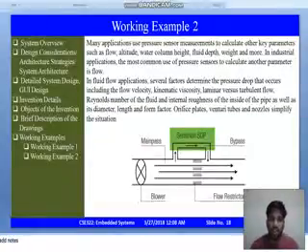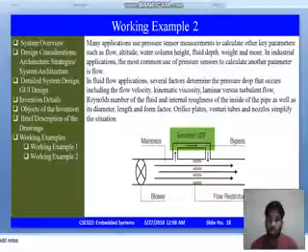And let's go to working example two. Many applications use pressure sensor measurements to calculate other key parameters such as flow, altitude, water column height, fluid depth, weight, and more. In industrial applications, the most common use of pressure sensors to calculate another parameter is flow.